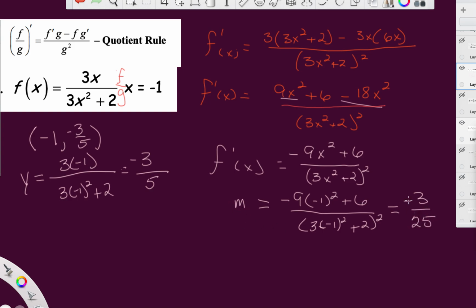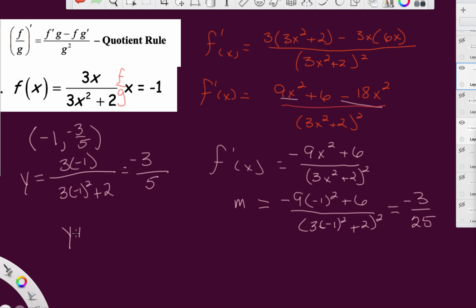Okay, so my slope is negative 3/25, pretty shallow, and my y-coordinate is negative 3/5. So back into point slope form, y minus negative 3/5, or let's go ahead and do that the right way.